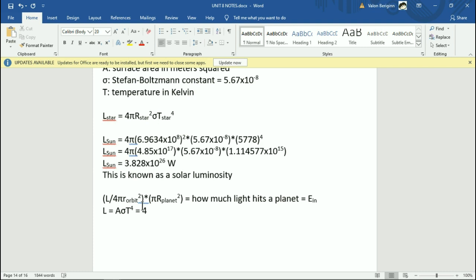So we want 4 pi r planet squared times sigma times T to the 4th. I'm going to label this as EQ for now, and I'll get back to why it's called that in a second. And so this is E out. The whole point of this is to say that E in must equal E out.